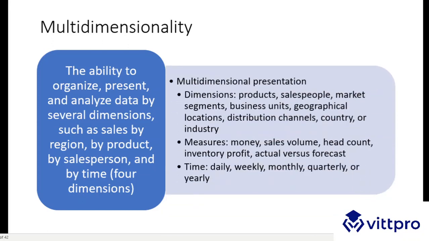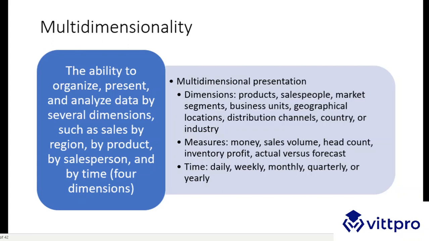In this type of data structure, you may have to identify all the dimensions and the sub-dimensions. For example, the dimensions are the product, the salesperson, the market segmentation, the business unit, geographical location, distribution channel, country, industry. Measures are usually also different.